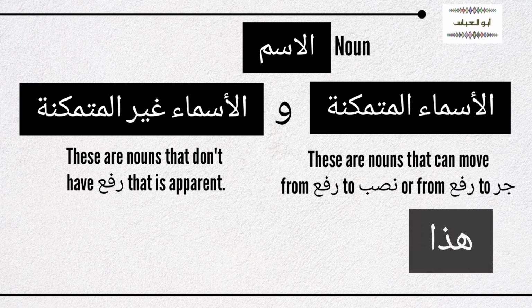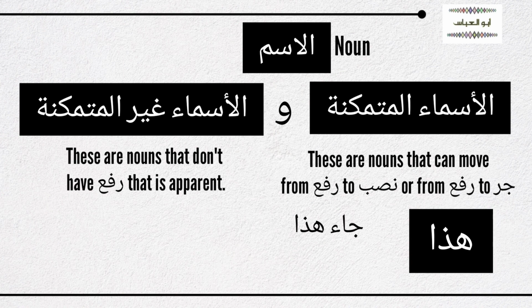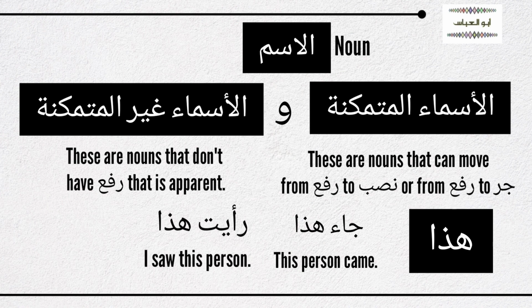For instance, Hadha. So Hadha remains Hadha in all situations. For instance, I can say Ja'a Hadha, this person came. Ra'aytu Hadha, I saw this person. Wa marartu bi Hadha. It does not go from dhamma to fatha, it does not go from dhamma to kasra as well. So this is from al-asma ghayrul mutamakkina.